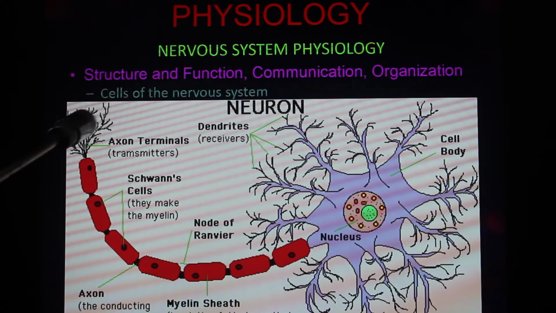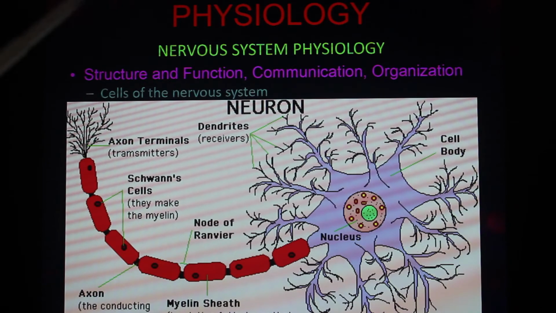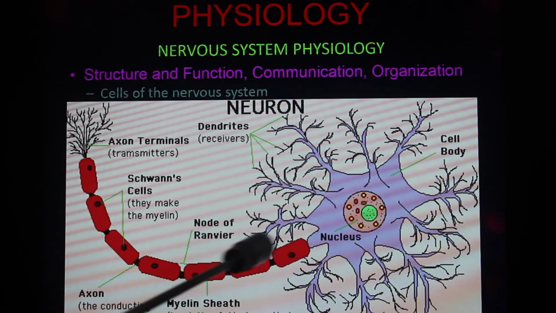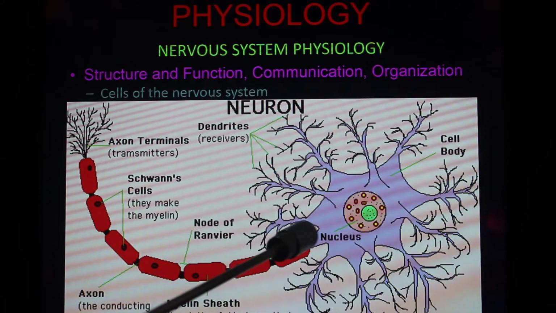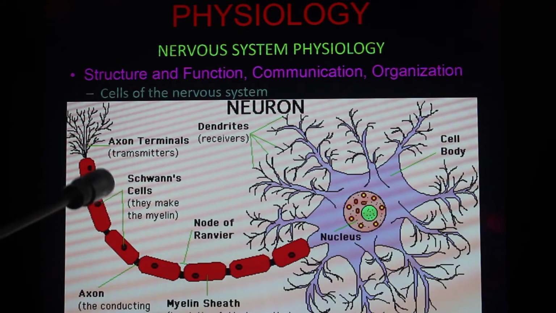And as you can see, the axon terminal is itself a kind of dendritic in shape. And alongside the axon, we have a myelin sheath covering the axon, and this sheath is made mainly of the Schwann cells, which have their own nuclei.